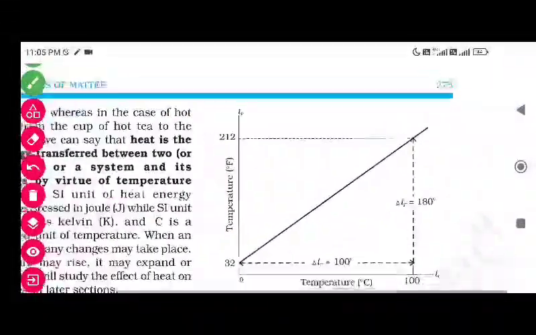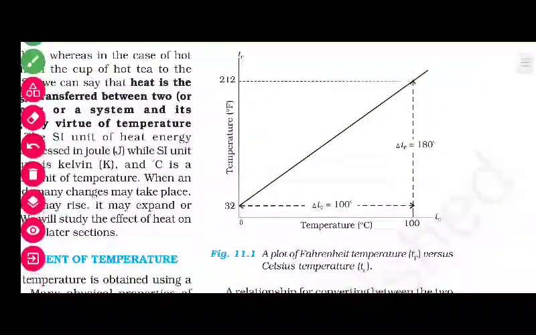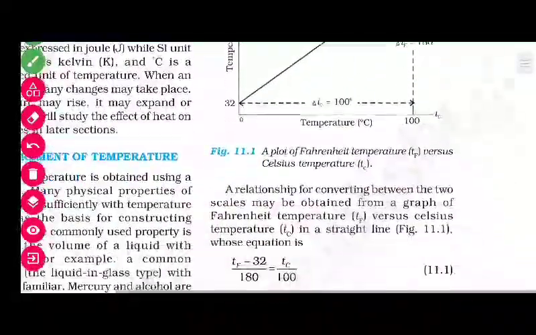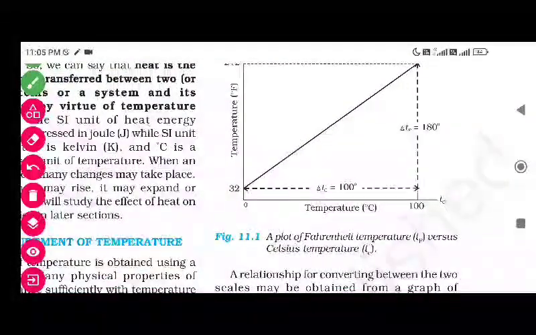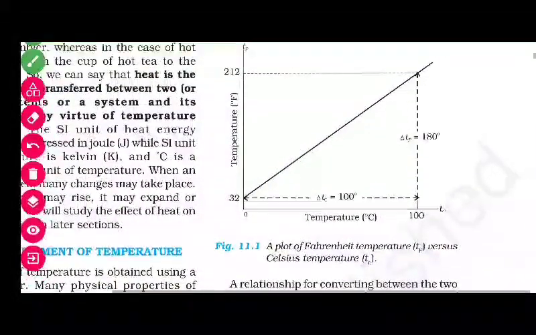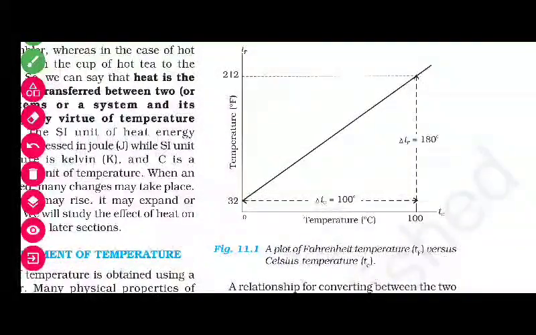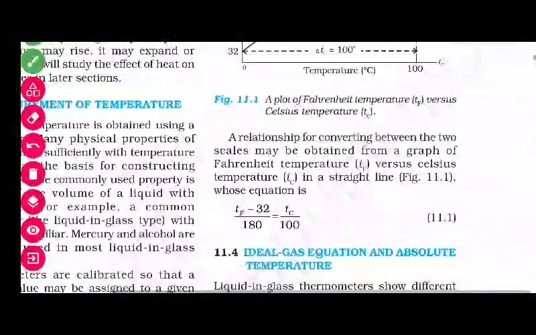There is a graph given of Fahrenheit temperature versus degree Celsius. It is a straight line: as the Celsius temperature increases, the Fahrenheit temperature also increases. You can see here 212 is the boiling point of water and 32 is the melting point of water on the Fahrenheit scale, and 0 degrees and 100 degrees on the Celsius scale.